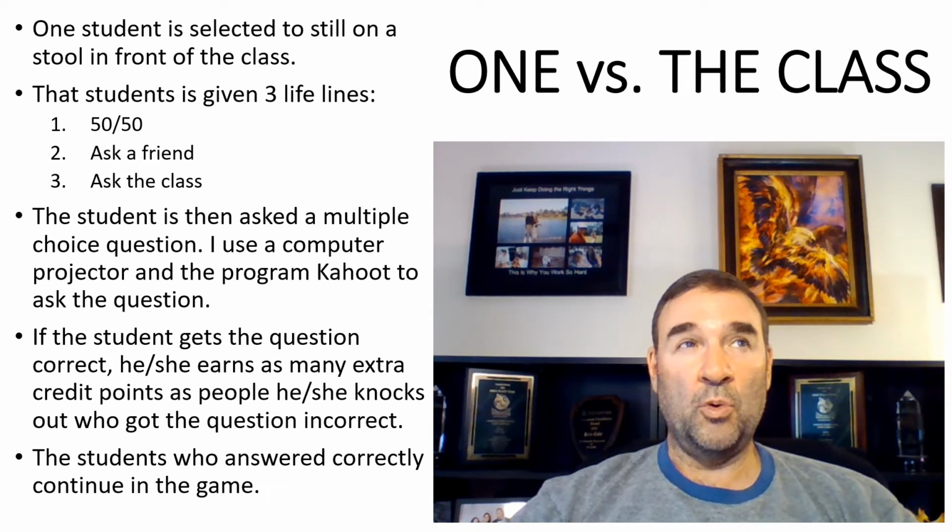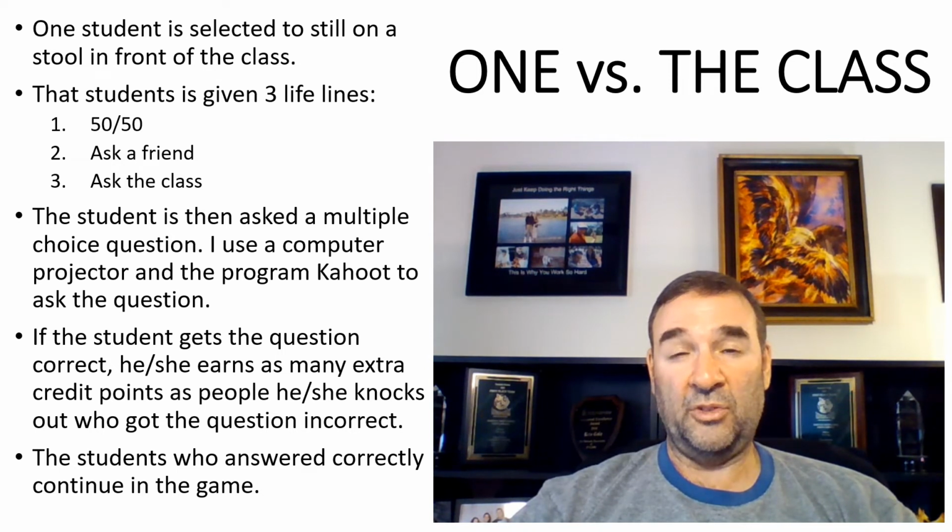And again, on Tuesday when we play this game, I'm going to use my tally sheet from Thursday's review game to figure out who the next student up is, and basically go off of that. And you can do this every 9 weeks to review for your exams this way. This is a great way to review. So I will continue explaining the game a little bit on the next slide, and we'll go from there.